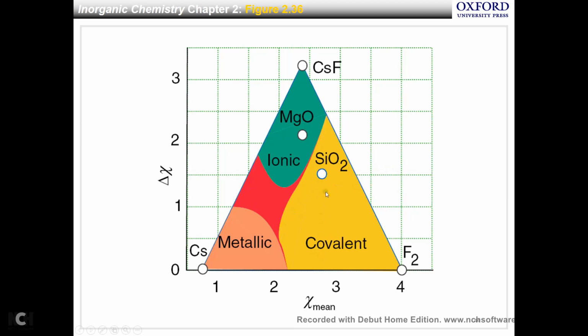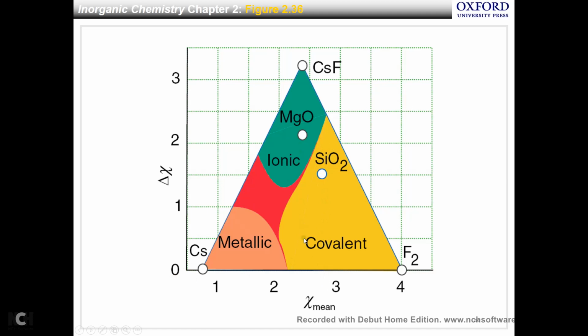By the way, this axis is the average value of the two atoms that form a bond. So this is the average of the values of silicon and oxygen. The average is 2.8 over here.